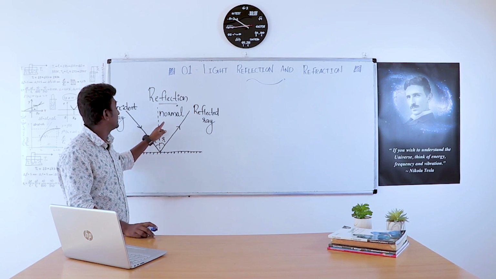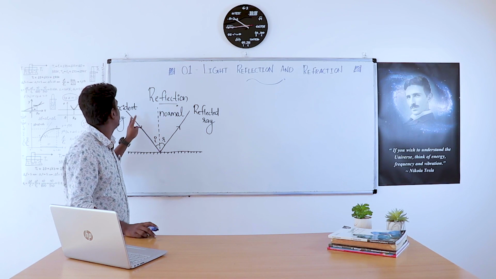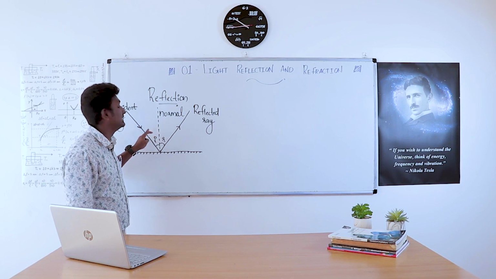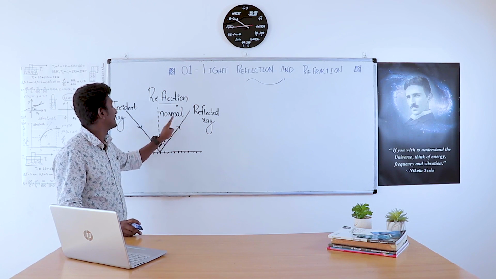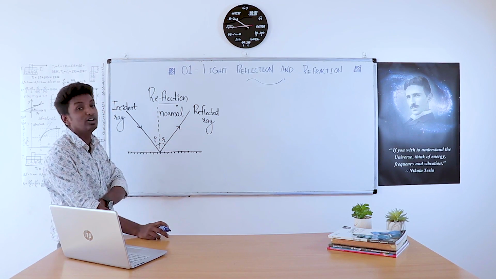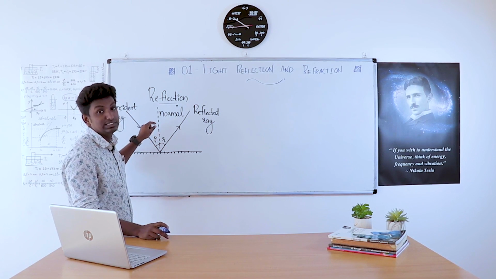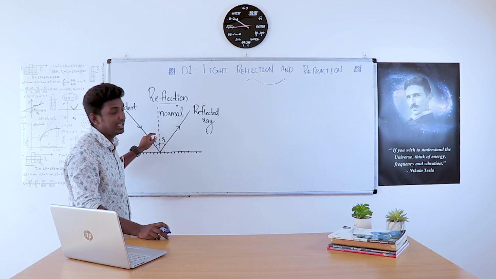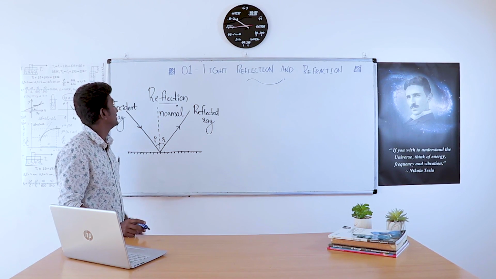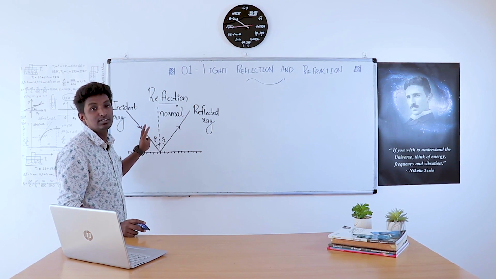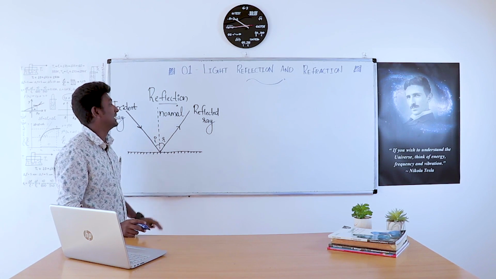The perpendicular drawn to the surface is the normal. The angle between the incident ray and the normal is the angle of incidence. The angle between the reflected ray and the normal is the angle of reflection. Angle of incidence is represented by small letter i and angle of reflection by small letter r. This is what is called reflection of light.